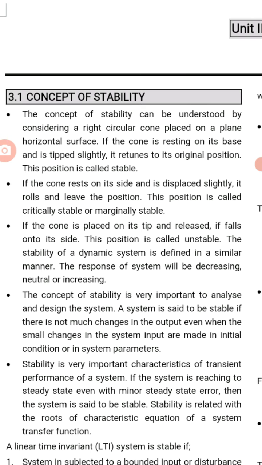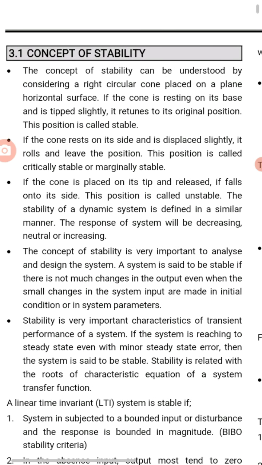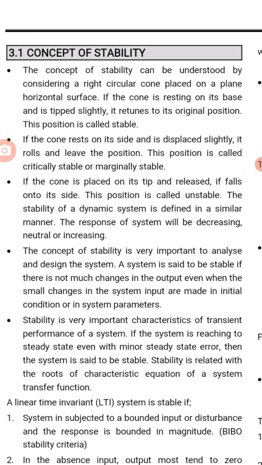If the cone rests on its side and is displaced slightly, it rolls and leaves the position. This position is called critically stable or marginally stable, and after a certain time period it becomes unstable. It is called marginally stable. For a particular time period, in a figure also we have said it is unstable.